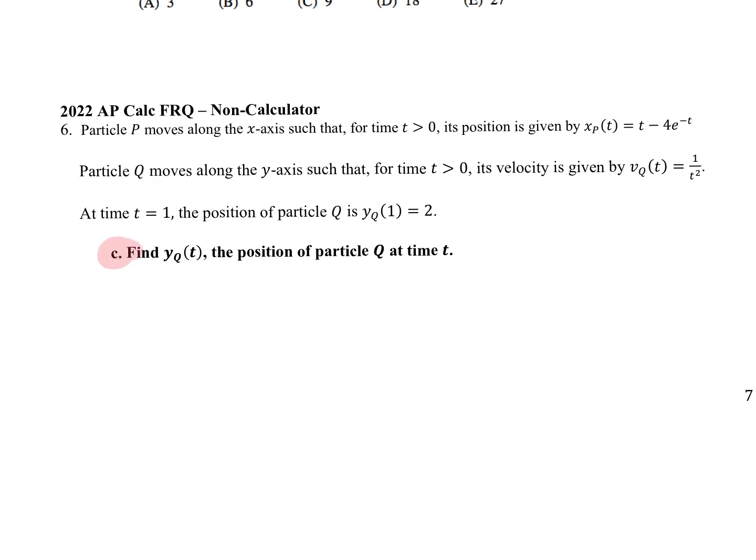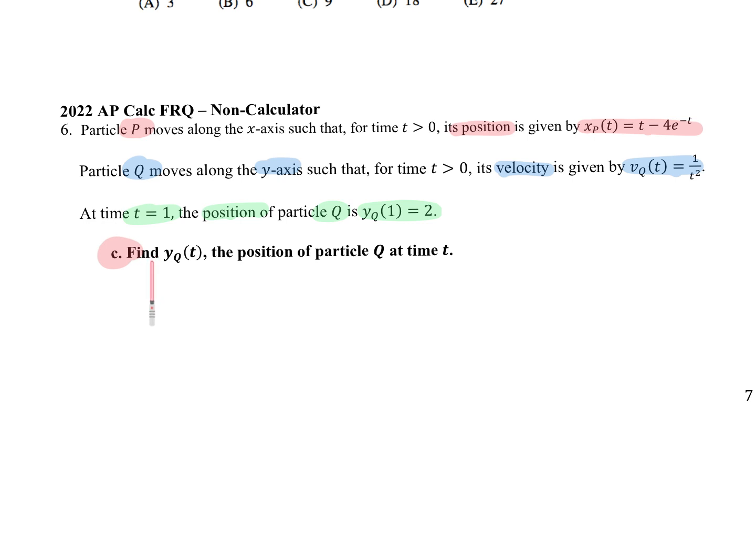Particle P moves along the x-axis so that its position is, look at that, x sub p of t. Whew. And then they give us a particle Q that moves along the y-axis so that its velocity is v sub q of t. There's a lot. At time t equals 1, the position of q, y sub q of 1, equals 2. So much stuff, right?